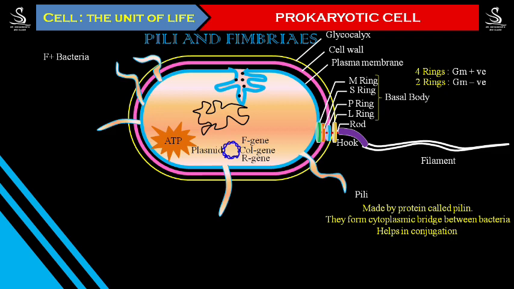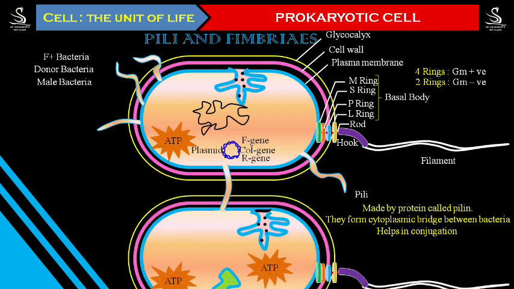The bacteria that have plasmids and are able to produce the pili are called F plus bacteria. It means the fertility bacteria. These bacteria are also called donor bacteria, or male bacteria. At the time of conjugation, one bacterium comes very near to another, and the pili form the cytoplasmic bridge between adjacent bacteria.